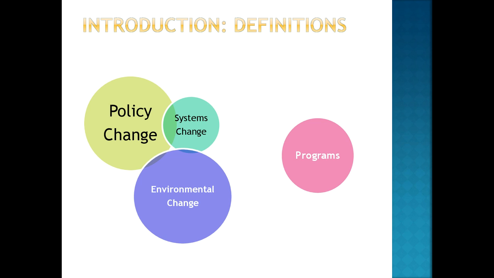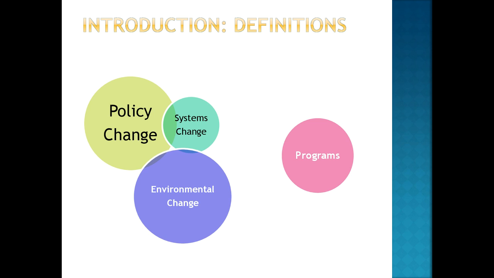They're usually written down in some form and typically adopted by some governing body. Systems changes are interventions that impact all elements of an organization, institution, or system. It changes the way things are done throughout the entire system.